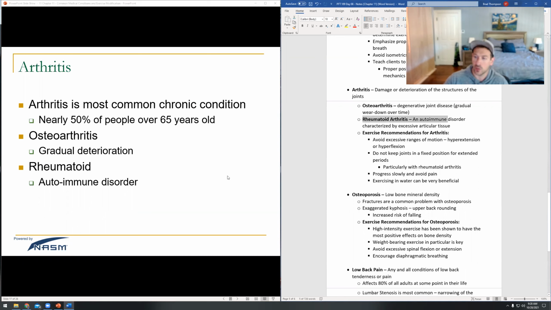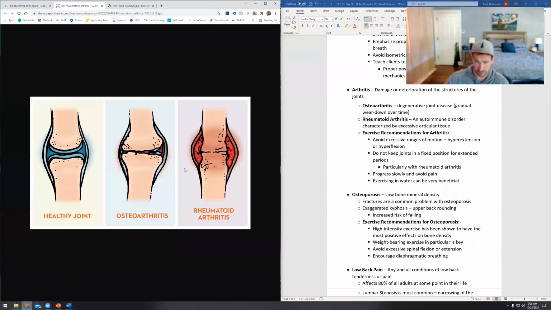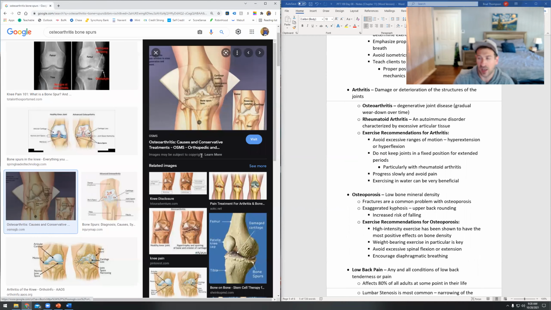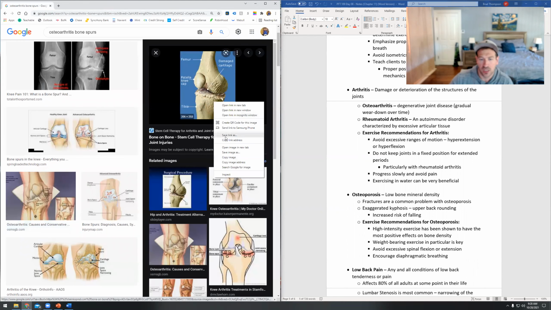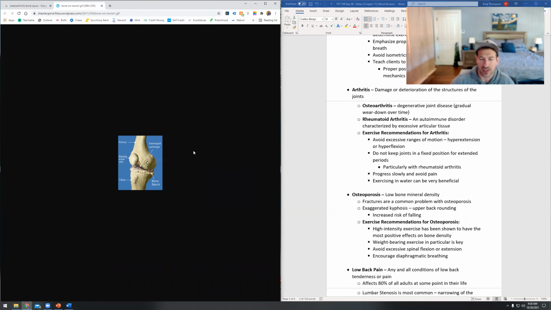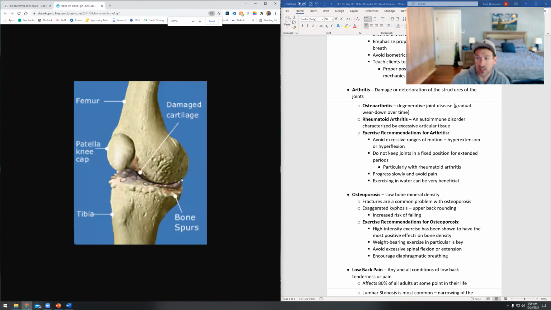But we also have rheumatoid arthritis, which is actually an autoimmune disorder where your body starts thickening the cartilage, well, not the cartilage, but the other structures that are in the joint. So it'll actually thicken all of this connective tissue. And what that ends up doing is that limits the amount of space inside the joint. That is not something that we can necessarily fix through exercise.